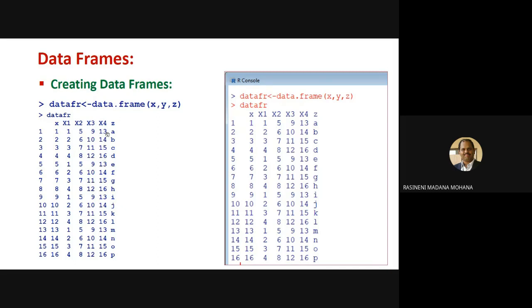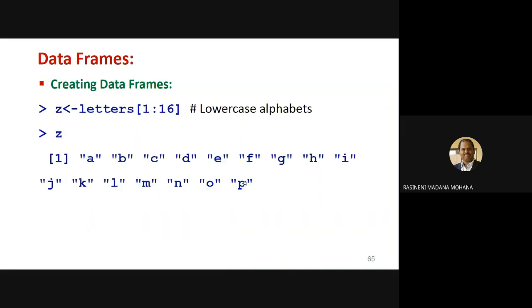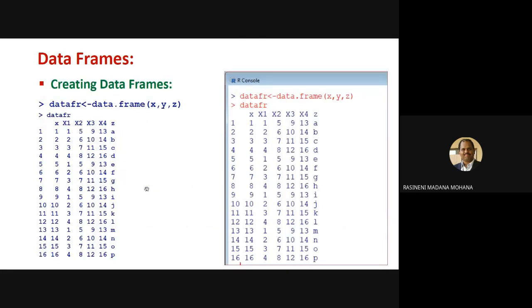This is the 4 by 4 matrix, and it is repeated 4 times, because the total column size is 16. Then the vector z, here we have taken the letters A to P. So A to P can be accommodated in that particular column. Here 16 letters are there. Like that, a data frame is created.